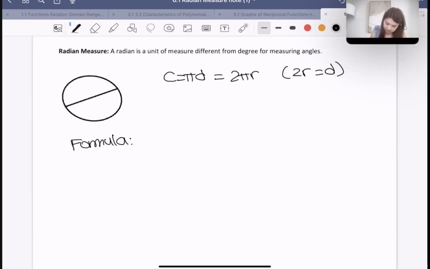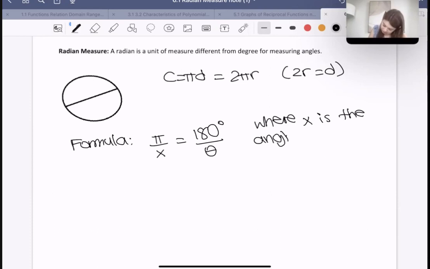Okay, so for radian measure, the formula that we need to follow for radians is this one here. It is that pi over x is equal to 180 over theta, where x is the angle in radians and theta is the angle in degrees.